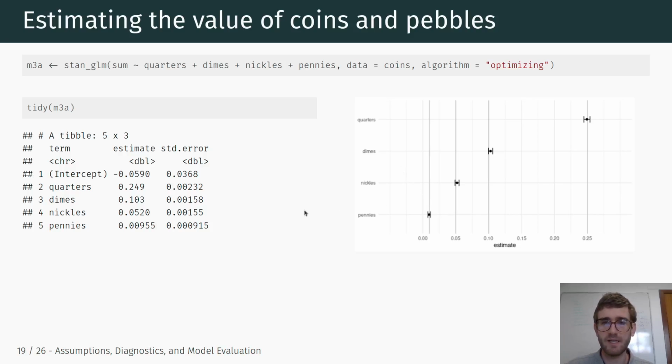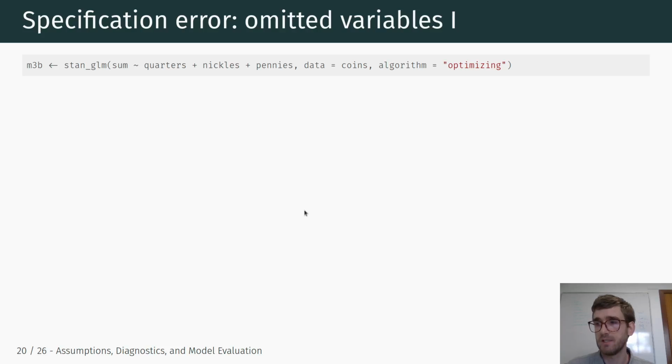So what happens now if we have an omitted variable? If we, for example, drop dimes from our regression equation, okay? Here we run a second regression, M3B, where we again have the sum as the dependent variable. We have quarters, nickels, and pennies. So we didn't include dimes in our regression model, right?